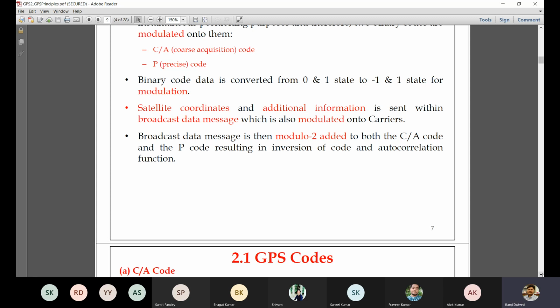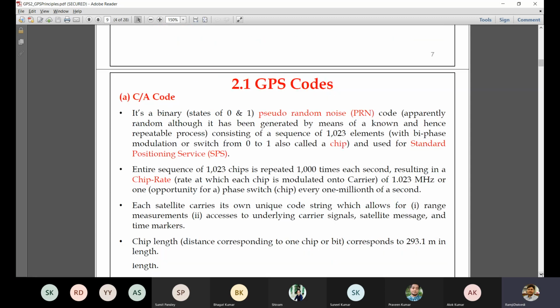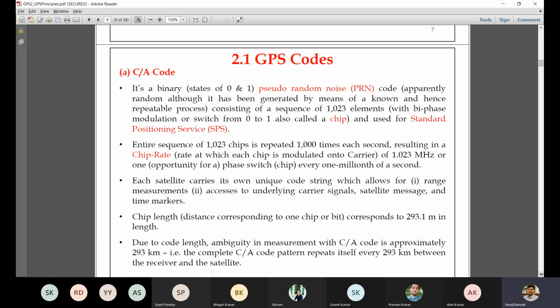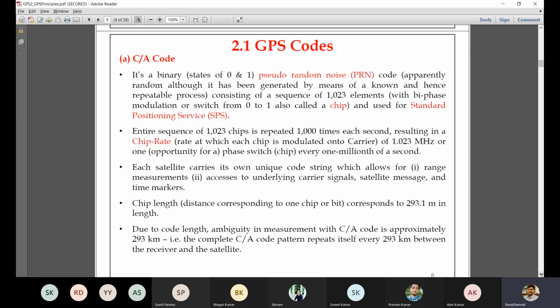Now let us discuss a little more about the CA code. It is a binary state, 0 and 1, pseudo random noise code. Why is it called a pseudo random noise code? Because if you see it as 1001, you cannot conclude what the pattern is, because it is random, totally random.